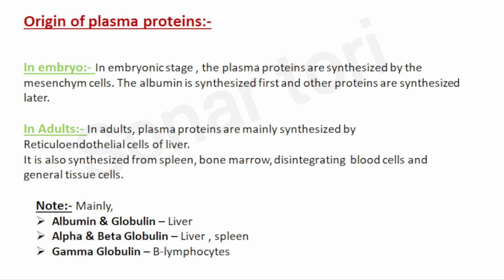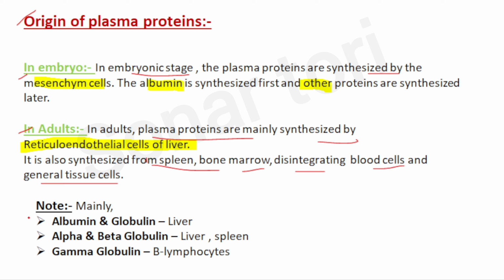Then the origin of plasma protein. First, in the embryo. In the embryonic stage, plasma proteins are synthesized by mesenchyme cells. Albumin is synthesized first and then the other proteins. Then in adults, plasma proteins are mainly synthesized by the reticuloendothelial cells of the liver, and also from the spleen, bone marrow, disintegrating blood cells and general tissue cells.